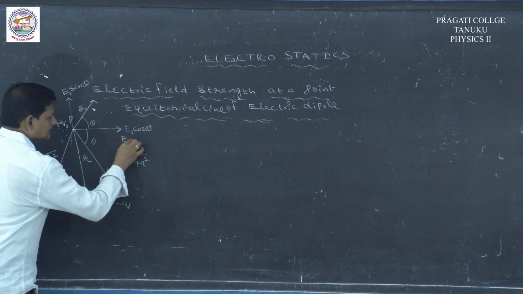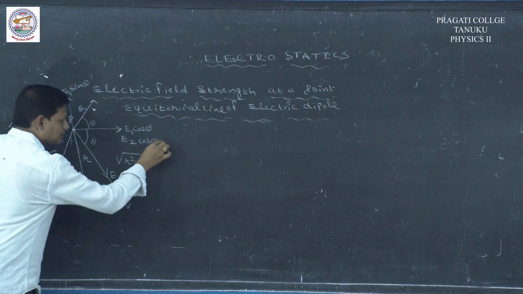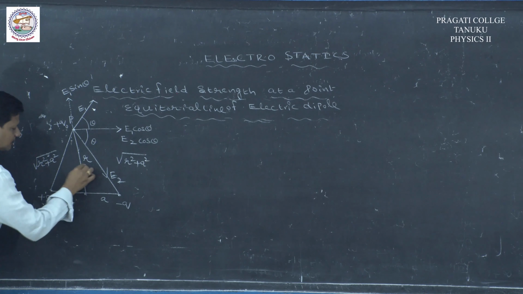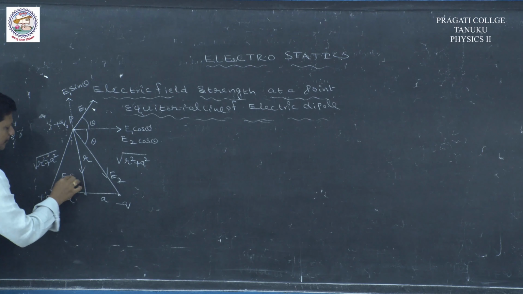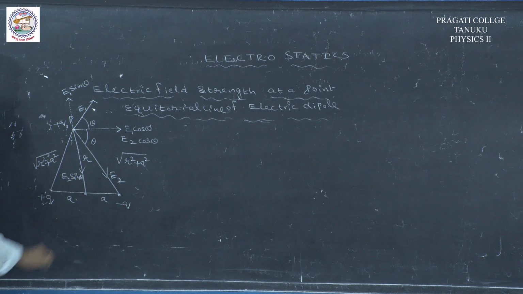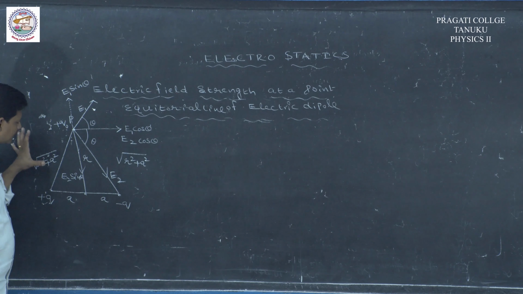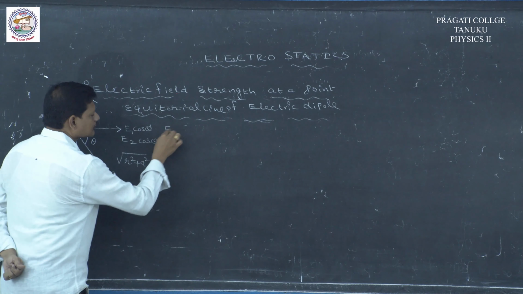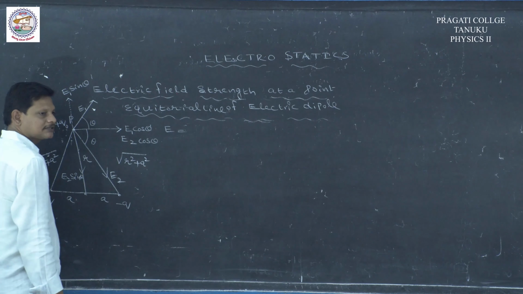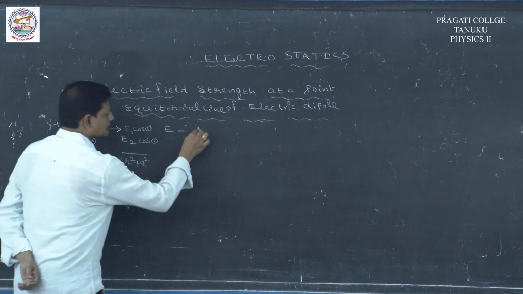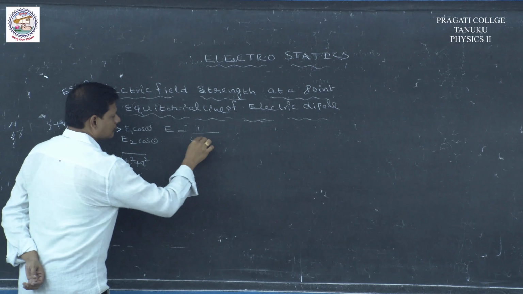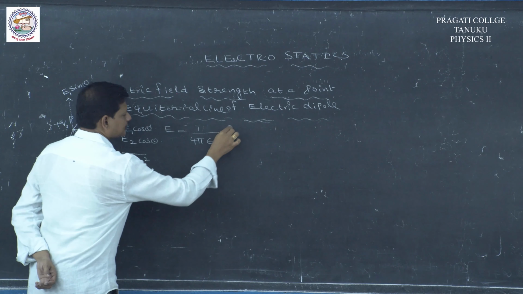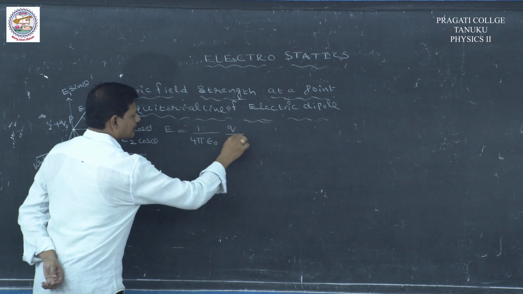One is the horizontal component E2 cos theta, another one is the vertical component E2 sin theta. So, we have to calculate the magnitudes of E1 and E2. We know electric field strength E is equal to 1 by 4 pi epsilon naught, q by r square.